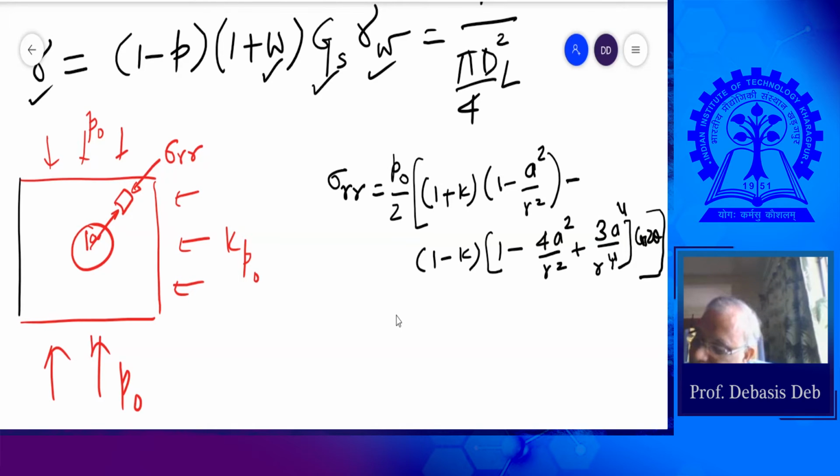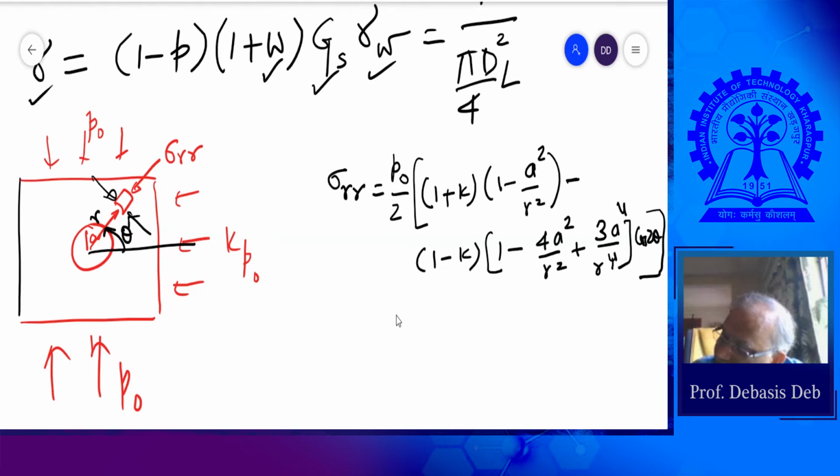Now sigma theta theta, that means in this direction, the normal stresses will be. Now what is theta? It goes counterclockwise from the horizontal, and this is the distance r. At r distance and theta angle, this is given in the polar coordinate system.